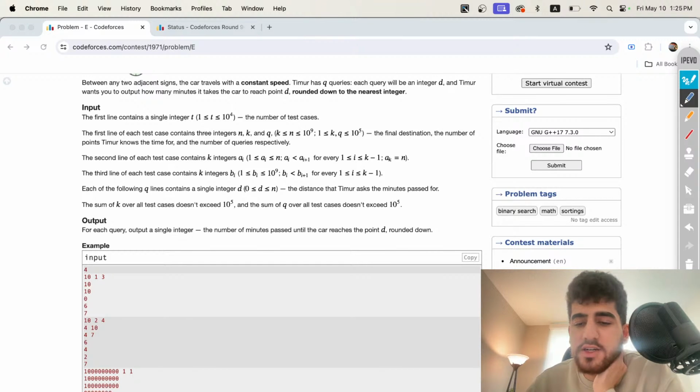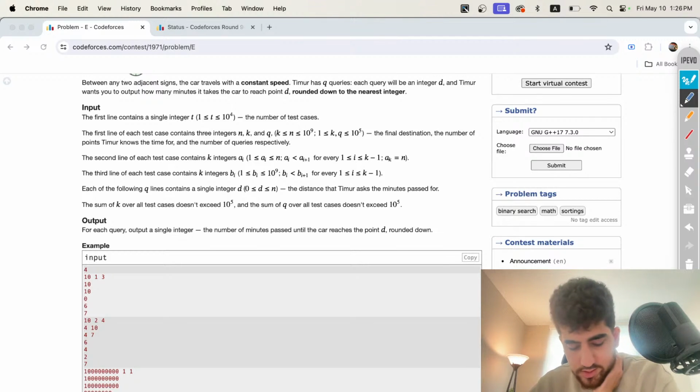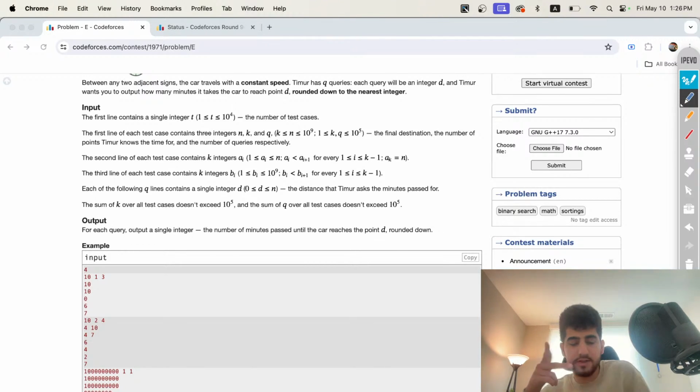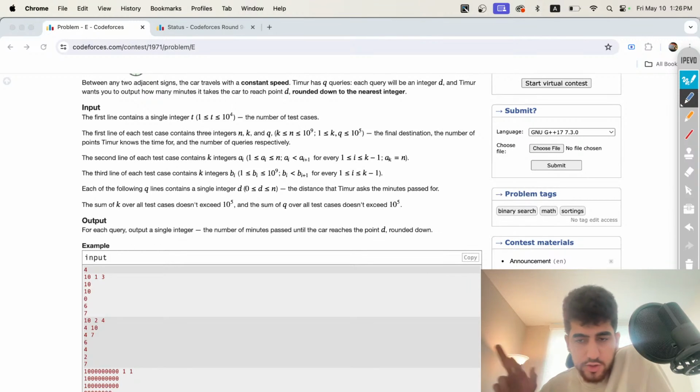We find such I such that a of I minus 1 is less than or equal to x, for example, and a of I is greater than x. We find out between which 2 points x lies.